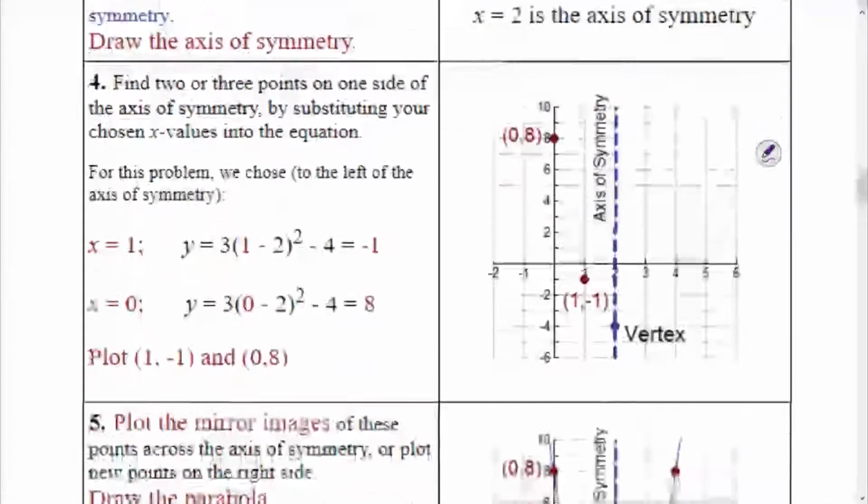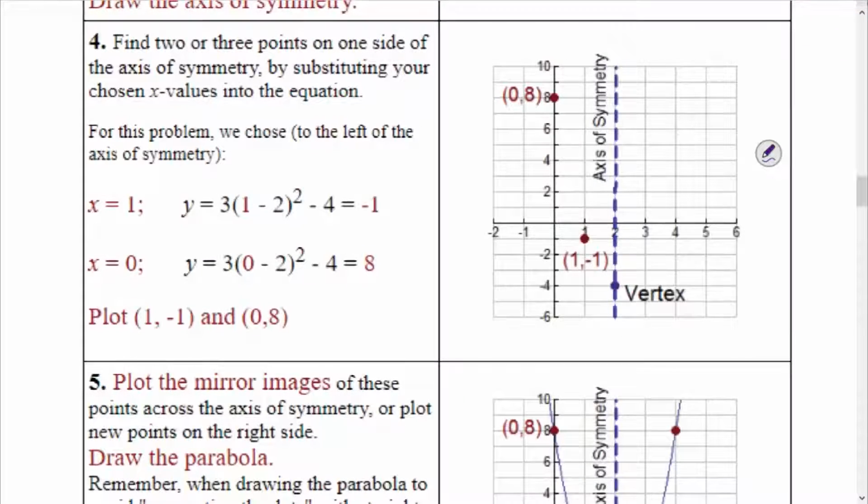So here we've plotted our vertex at the point 2, -4. Next our goal is to plot some points. I'm going to plug in some points that are close to the vertex, and numbers that are close to 0 also tend to be easier numbers to work with.